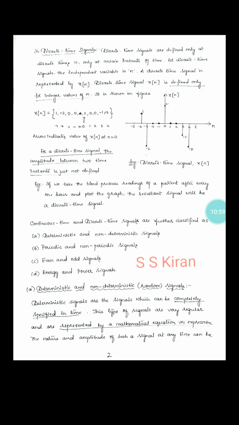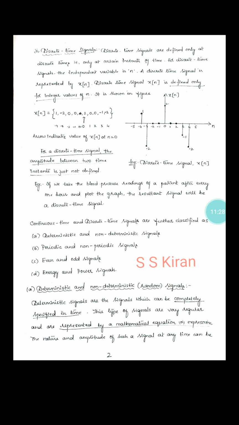Based on some parameters, these continuous and discrete time signals can be classified into the following topics: deterministic and non-deterministic signals, periodic and non-periodic signals, even and odd signals, energy and power signals.